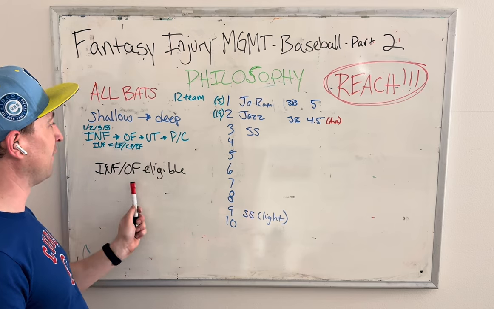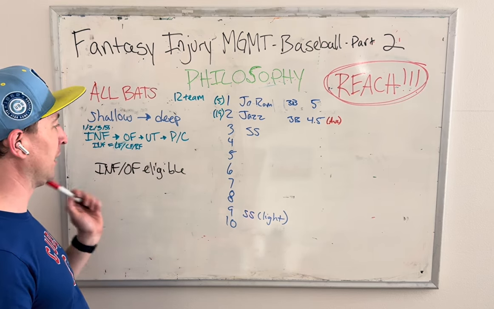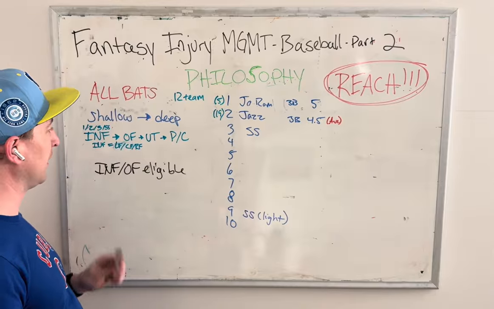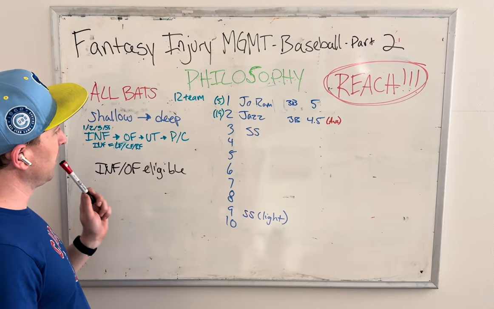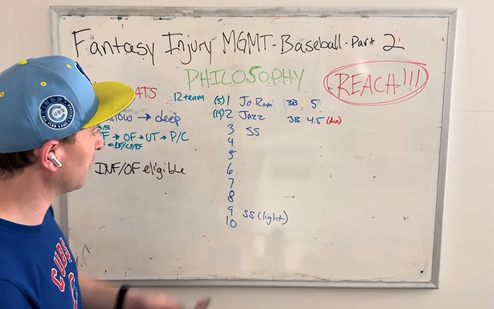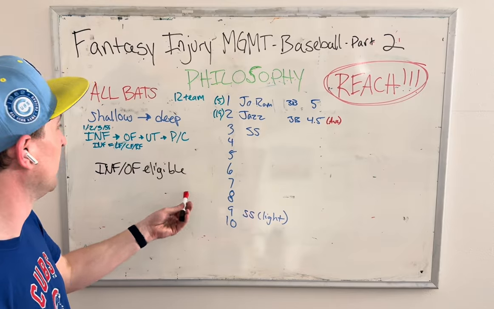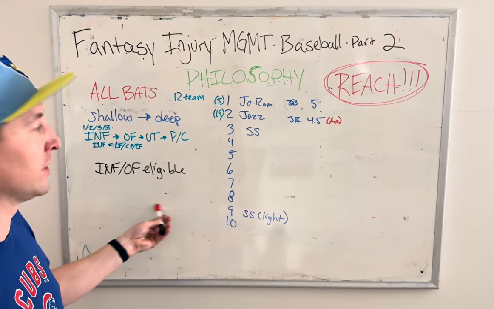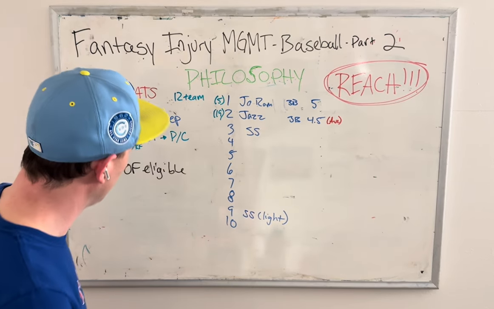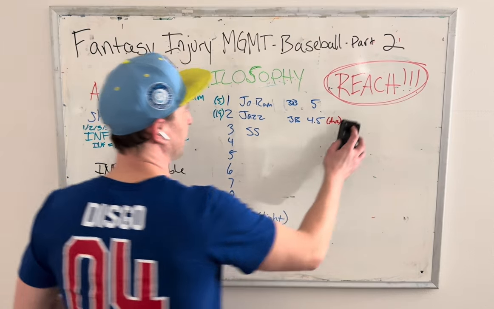And infield, outfield eligible players who have that utility availability, if you can fit them in like that, that is perfect. If not, they're always a good supplement to the team because you're not getting nothing, right? And they're obviously talented enough to be on your team. All right, so pitching.